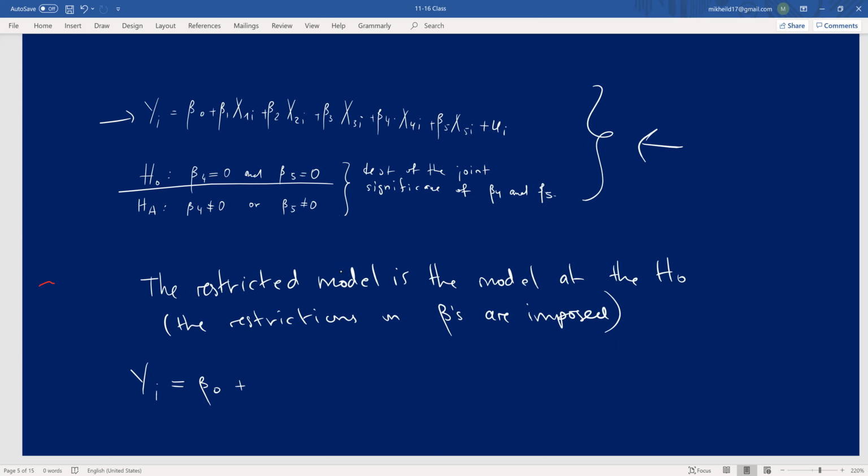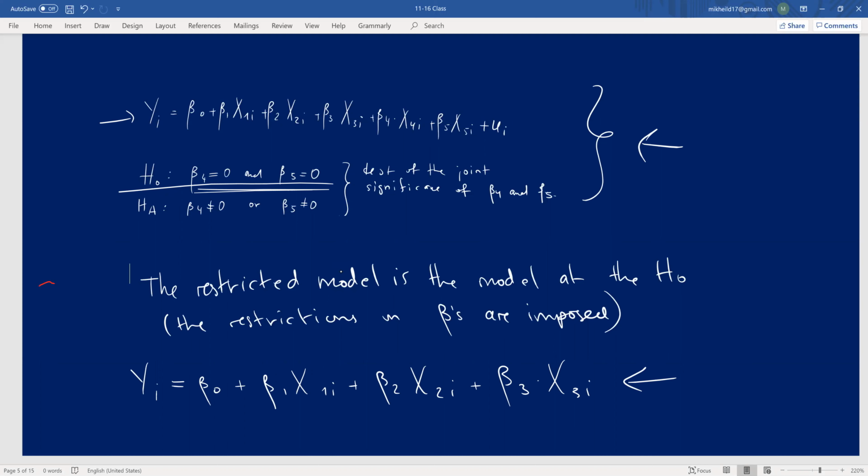So it will be beta 1 times x1 of i plus beta 2 times x2 of i plus beta 3 times x3 of i plus beta 5. No, because you have to impose these restrictions, right? Oh, that's beta 5 as well. Okay, cool. So we don't include beta 4 and beta 5, so that will be just plus your error. Yes. So this will be the restricted model.